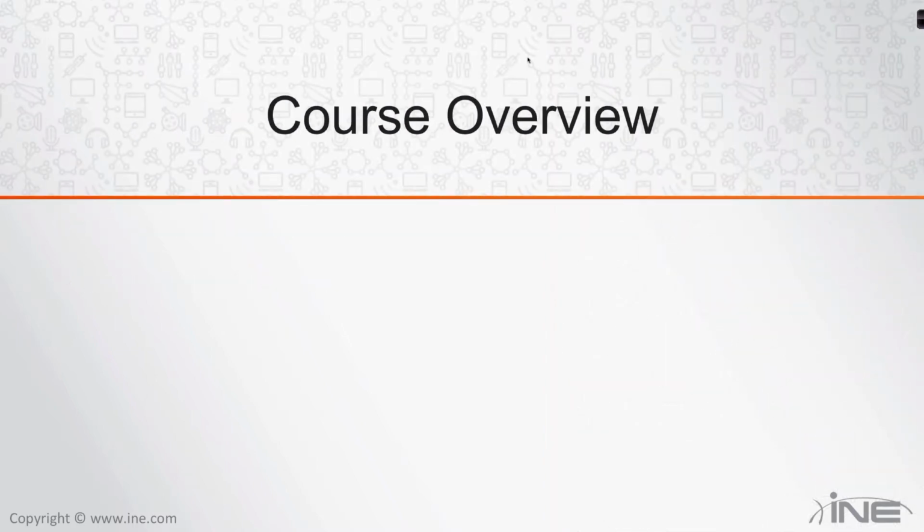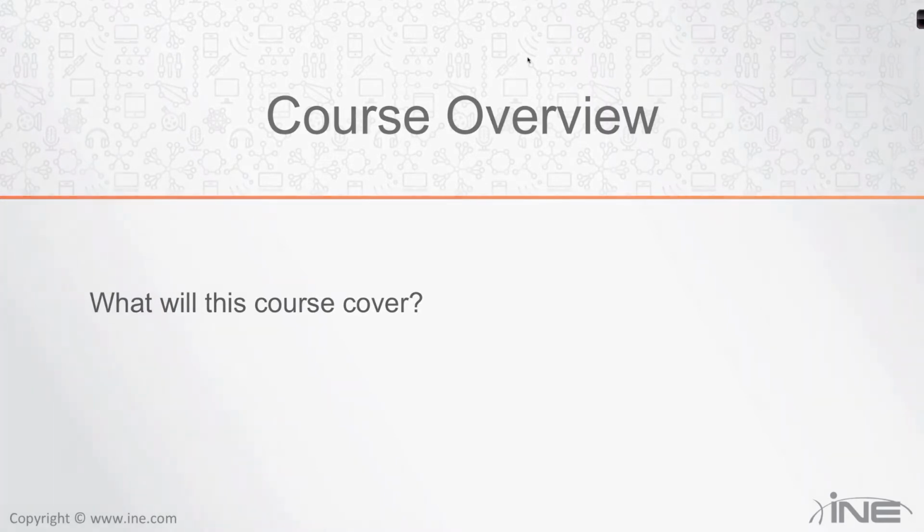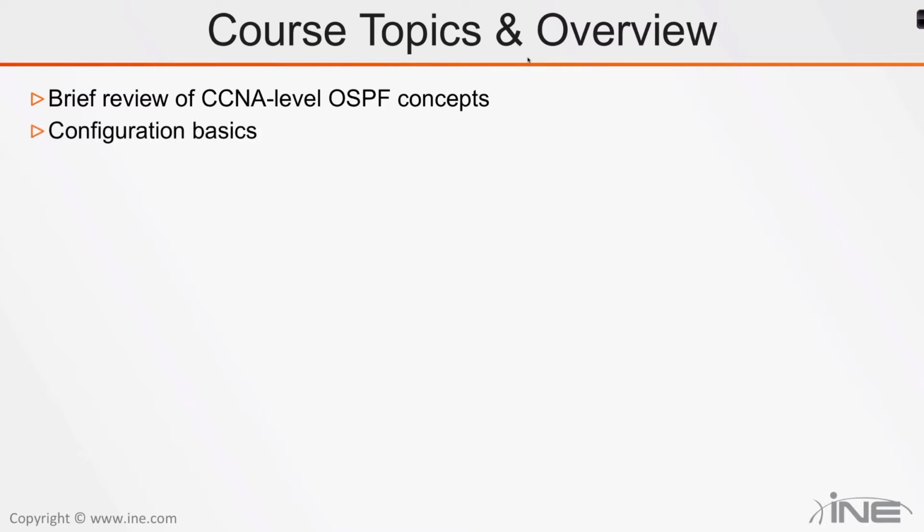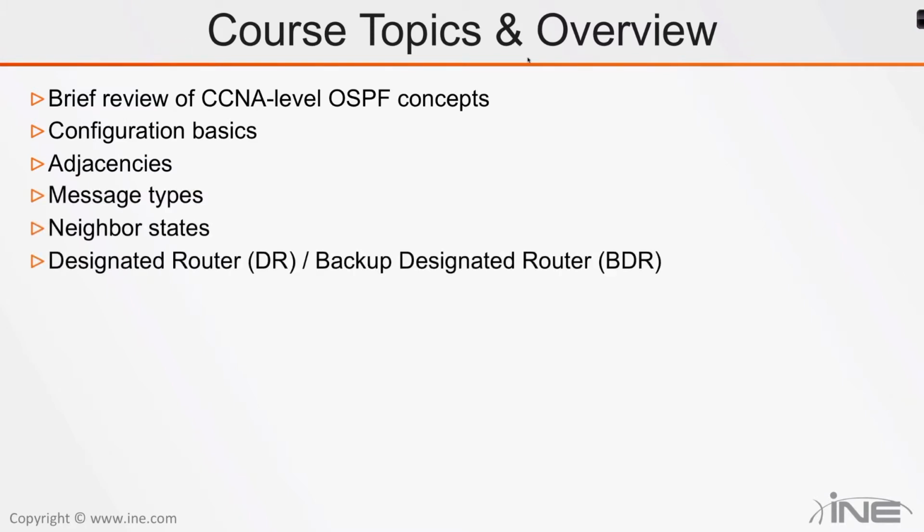All right, so let's do a general course overview. Specifically, what are we going to be covering in this course? We're going to do a brief review of CCNA level OSPF concepts, and that's going to happen as we go through each of the modules in the course. We're going to talk about configuration basics, adjacencies, message types, neighbor states. We're going to look at the DR and the BDR, right? Because this is something that for a lot of learners can become very confusing.